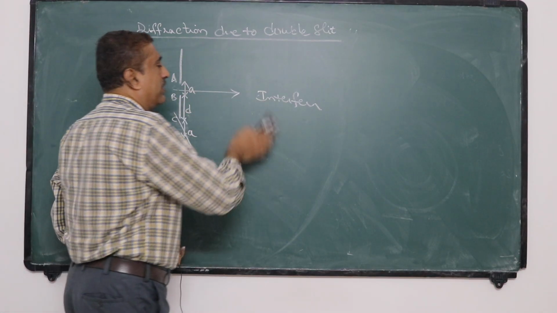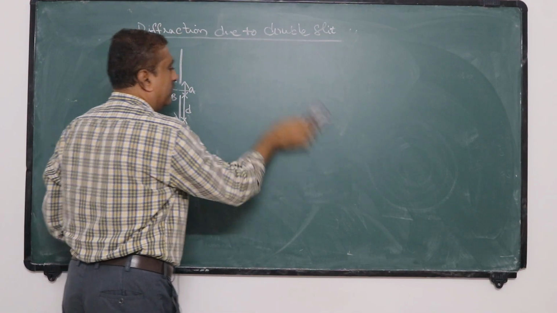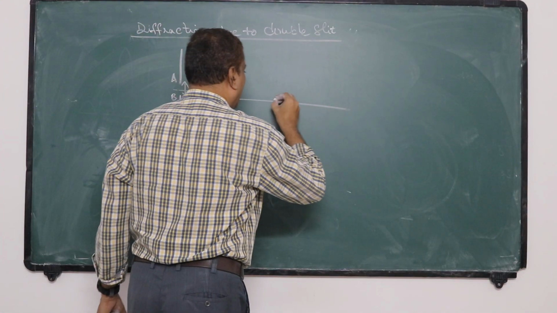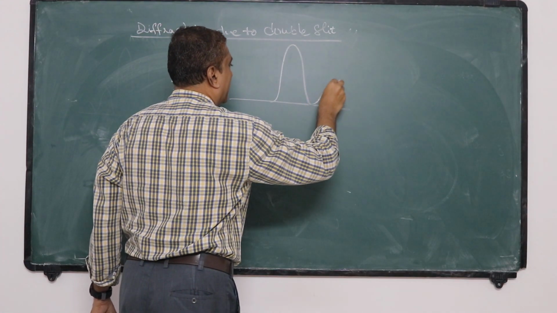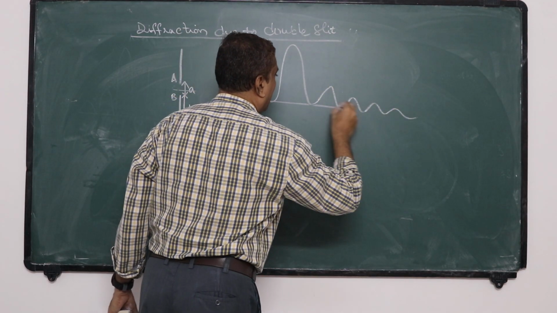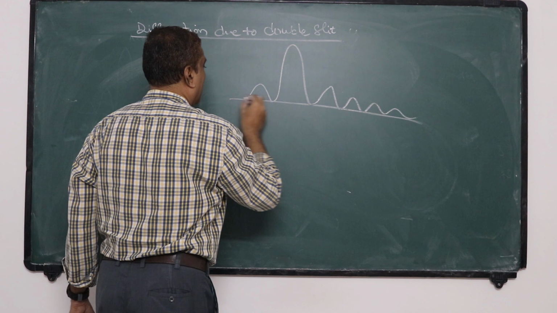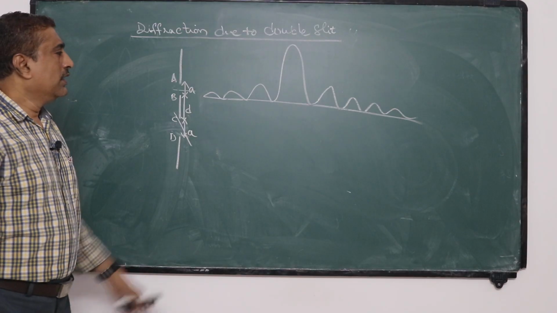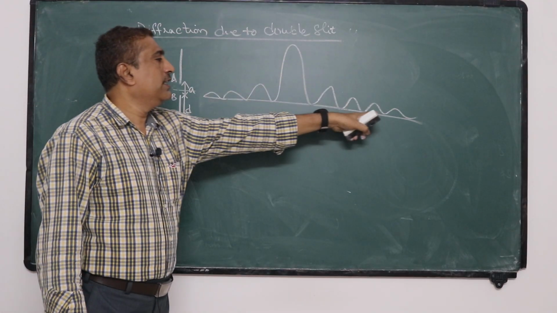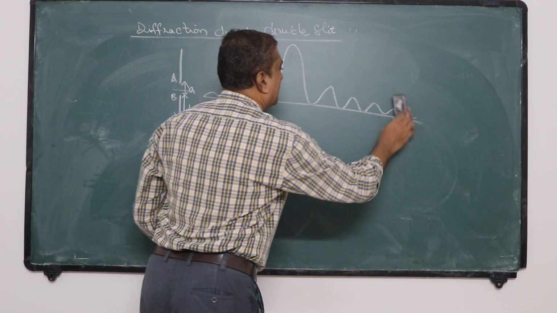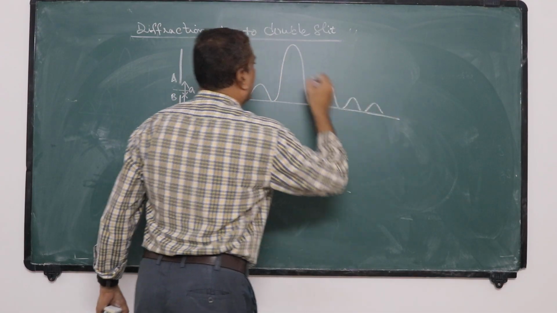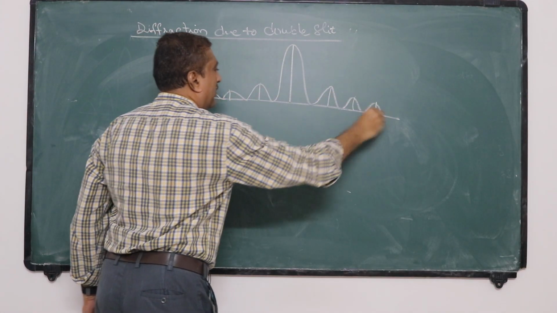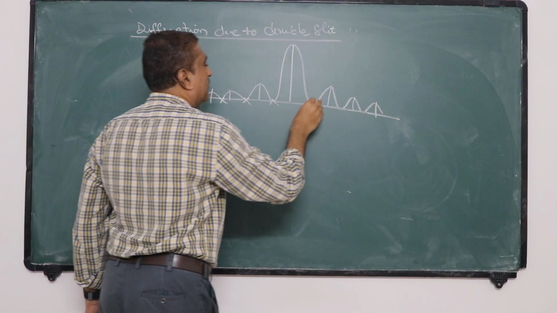In the case of the intensity pattern, we are not going to derive this double slit experiment. In the single slit pattern, the intensity distribution is like this. This is the principal maximum, this is the first order secondary, second order secondary, third order secondary, and these are minimum points.